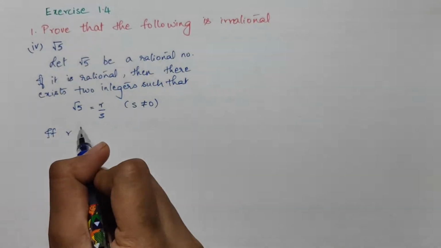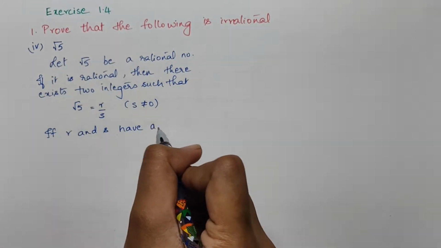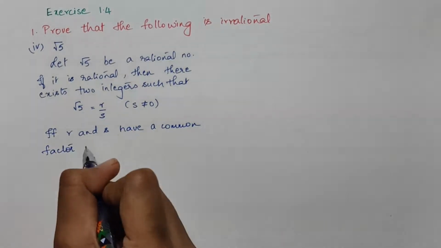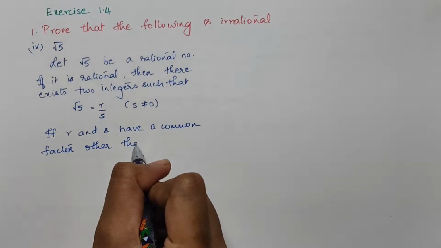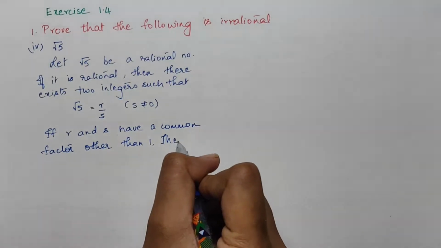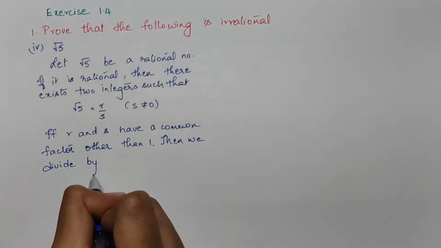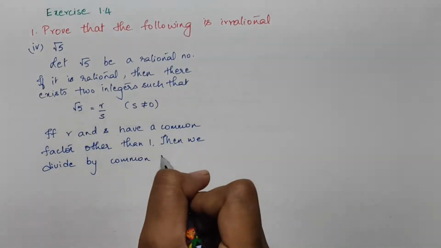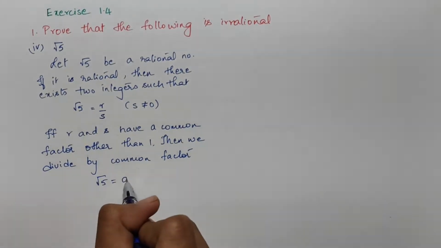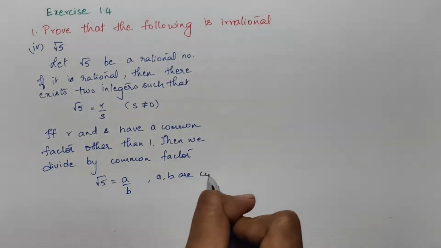If r and s have a common factor other than 1, and then if we divide by the common factor, let root 5 equal a by b, where a and b are co-primes.